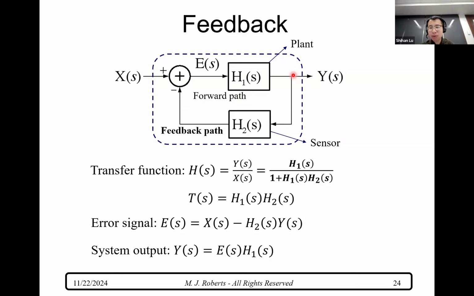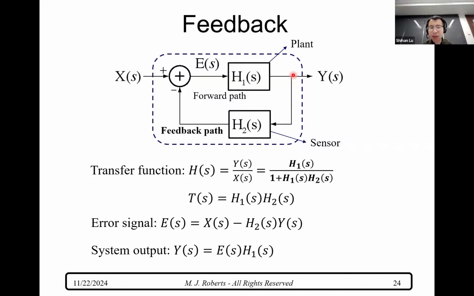So a couple of terminology here. The first, the original system response H1 of s, we call it a plant. This is a plant, the original system that generates the forward pass, the forward model.